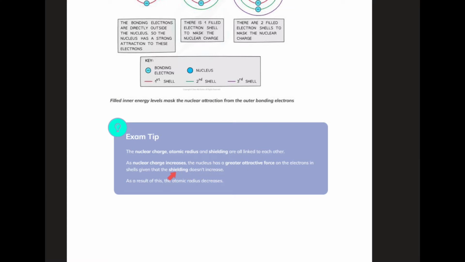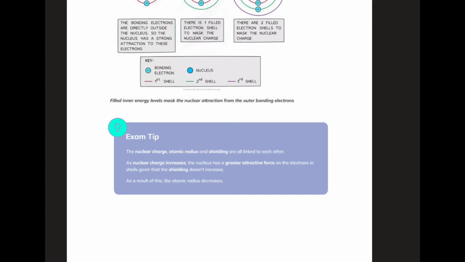Shielding doesn't increase if they are in the same period. In the same period, normally there is no change in the shielding effect if the elements all stay in the same period.